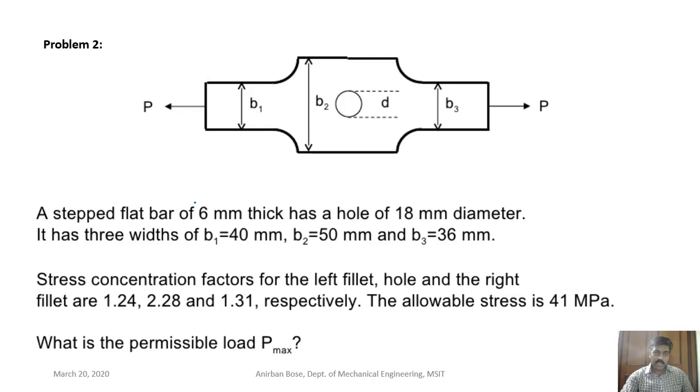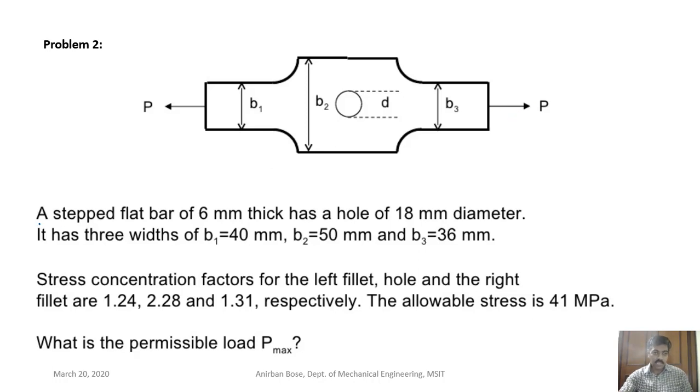Now this is another problem. So here you can see a similar kind of bar, a bit different, where on both ends different sectional dimensions are there, 3 different steps are there, and one hole is also there. Again, loading is axial loading.